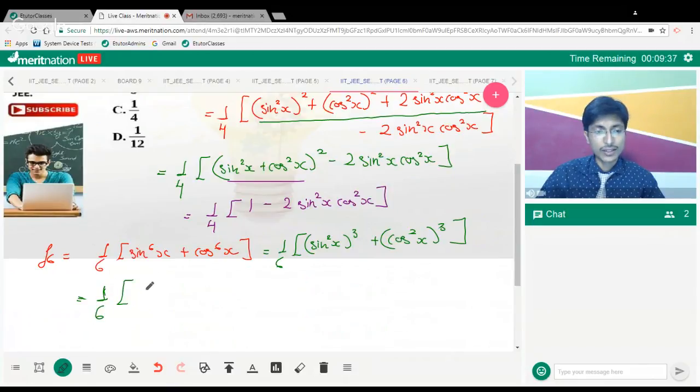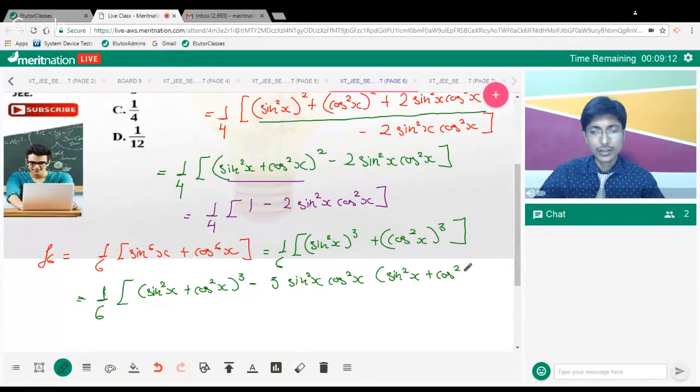So I can write it like this: sine square x plus cos square x whole cube minus 3 sine square x cos square x, and in the bracket I have sine square x plus cos square x.